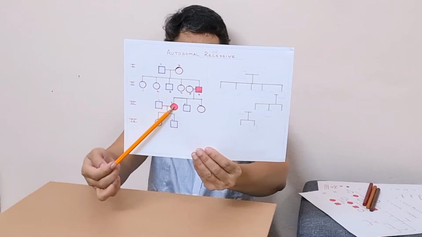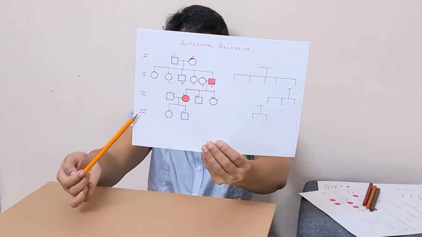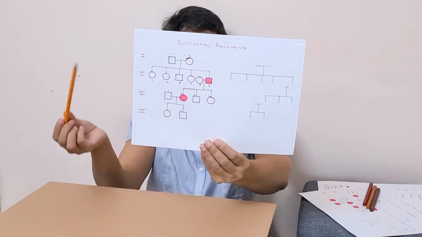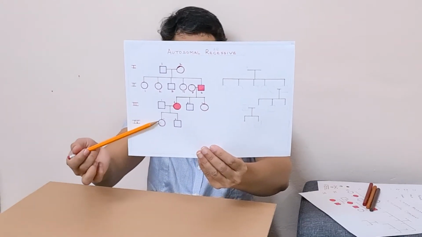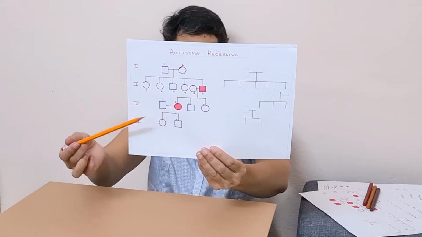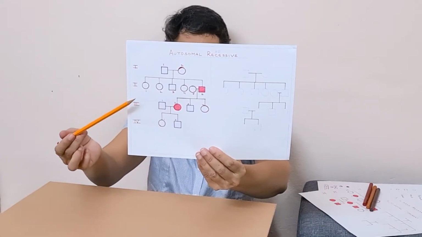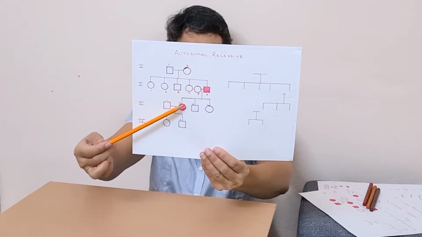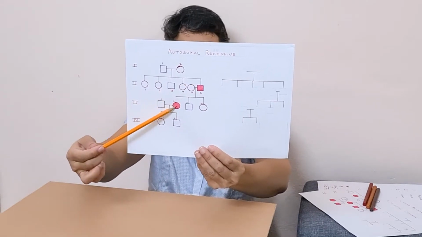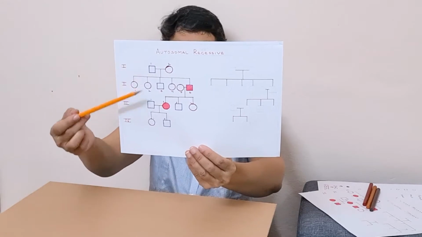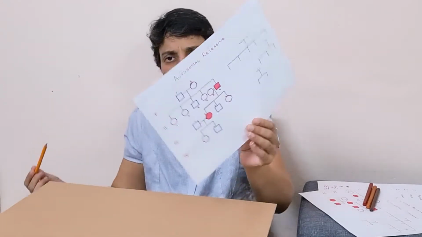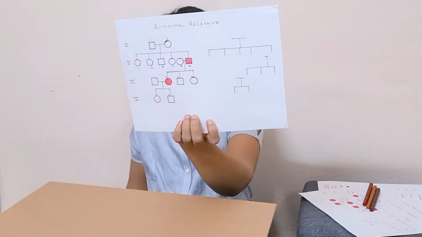In third generation, again, individual 2 shows. In fourth generation, none of them show. That is first generation, no disease. Fourth generation, no disease. In second generation, 1 individual. And in third generation, the child of the second generation individual shows the disease. So there is skipping of generations. Therefore, we identify this as recessive.